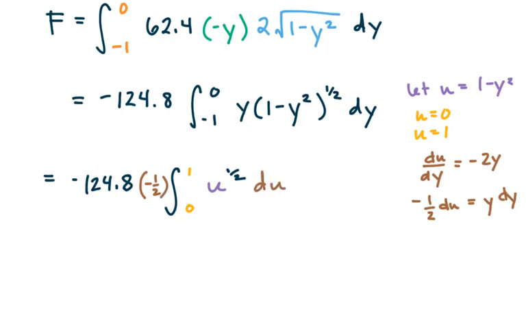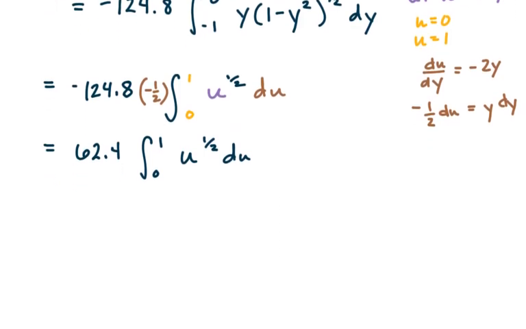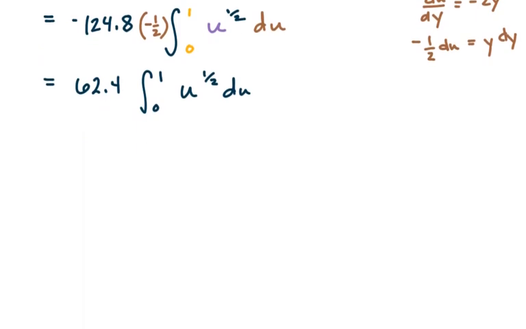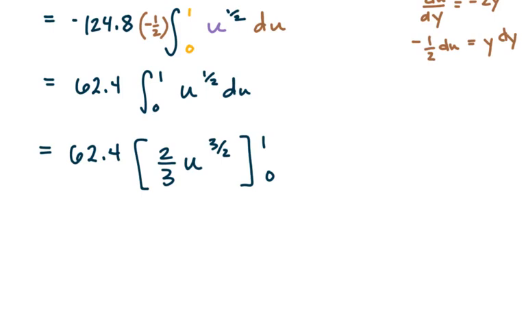So cutting that value in half, I'm going to have 62.4 times the integral from 0 to 1 of u to the 1/2 du. And because I changed my bounds, there's no reason that we need to go back to any y values here. So I'll use the power rule to integrate this, which, adding 1 to 1/2, gives me 3/2. So I have 2/3 u to the 3/2 from 0 to 1.